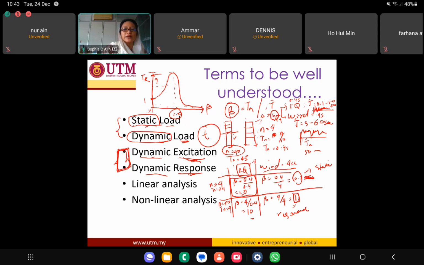So you can check on the wind effect, wind load using your code, because what the code gives you is a static design. That's why just now your friend said, okay, Dennis told us that when you do it, we teach you how to do the base shear force and then distribute it to the levels of your structure. That is a static design. You are doing it statically.